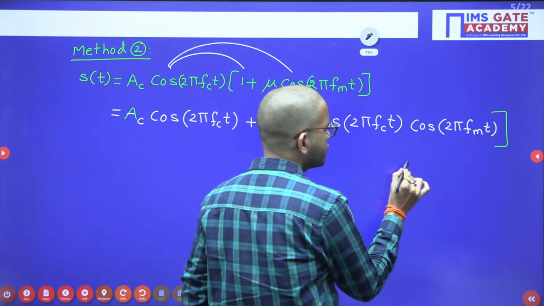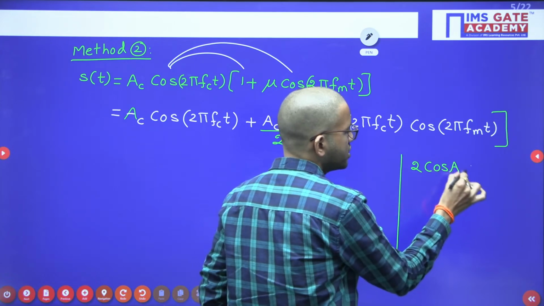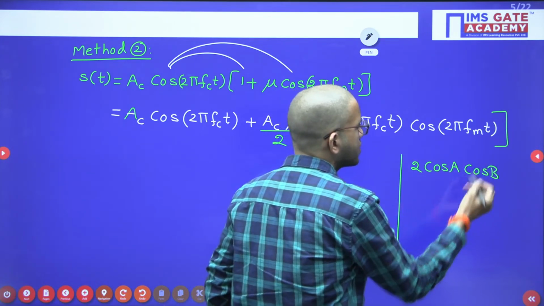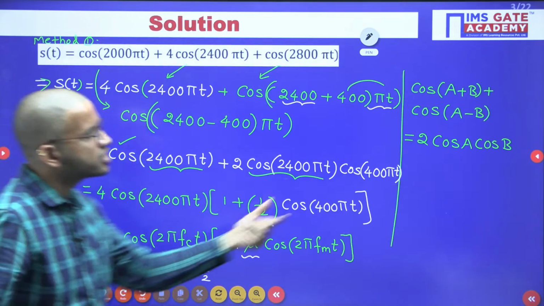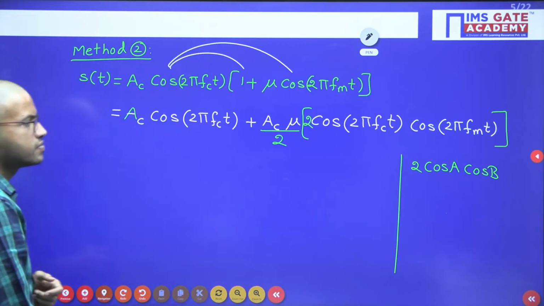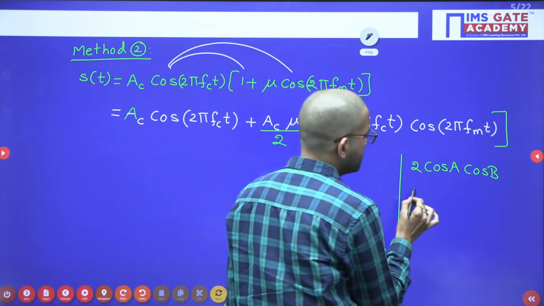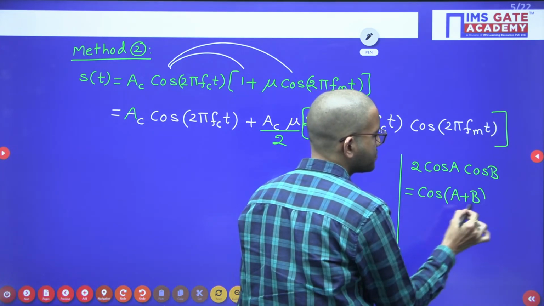I hope all of you know the formula. 2 cos A cos B, and in fact earlier also I have written regarding that one. 2 cos A cos B is nothing but cos sum plus cos difference.